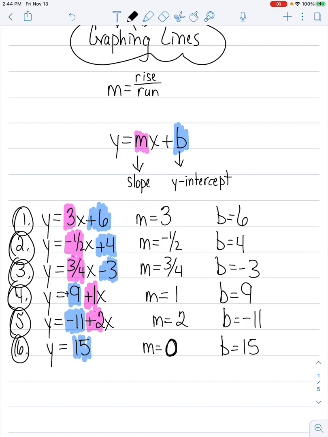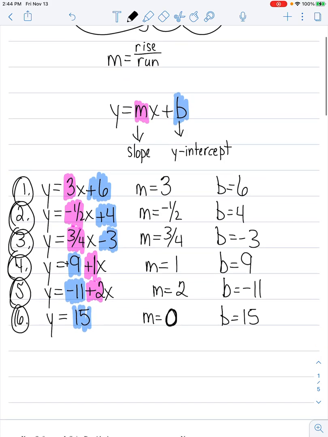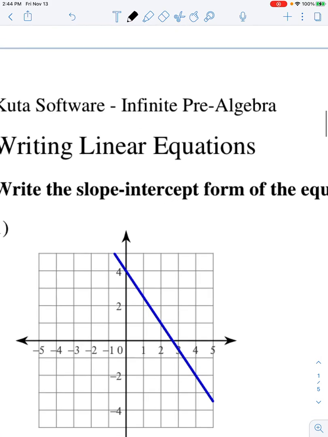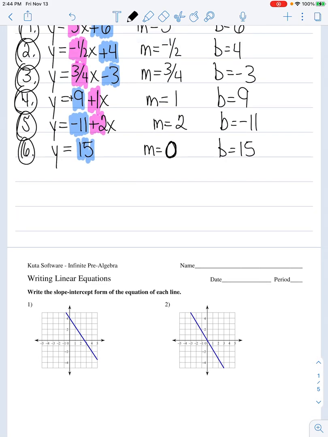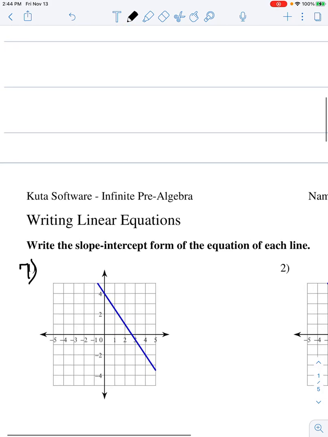Okay? So now let's take this that we just learned and let's actually use it to graph some lines. So we're actually going to call this number 7. So on your paper, all that I want you to jot down is I want you to do a rough sketch like this and you're going to do this right here.